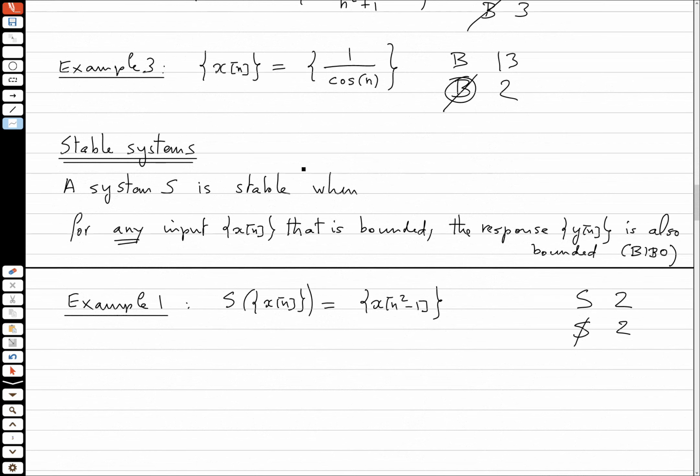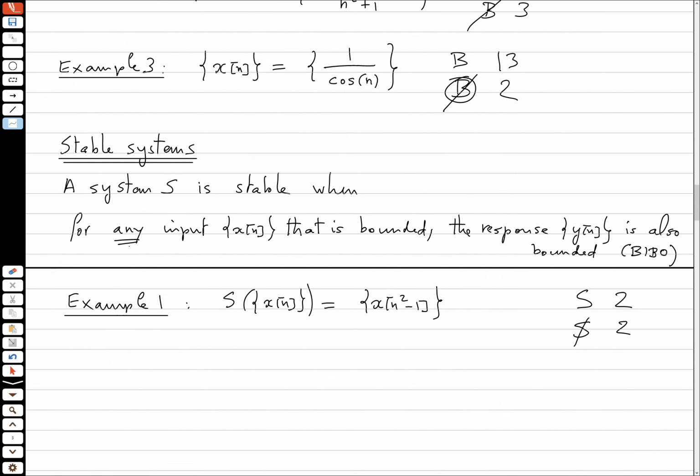No, because you want to prove that it works for all possible bounded inputs. So you cannot take one specifically. You have to prove it for all of them.